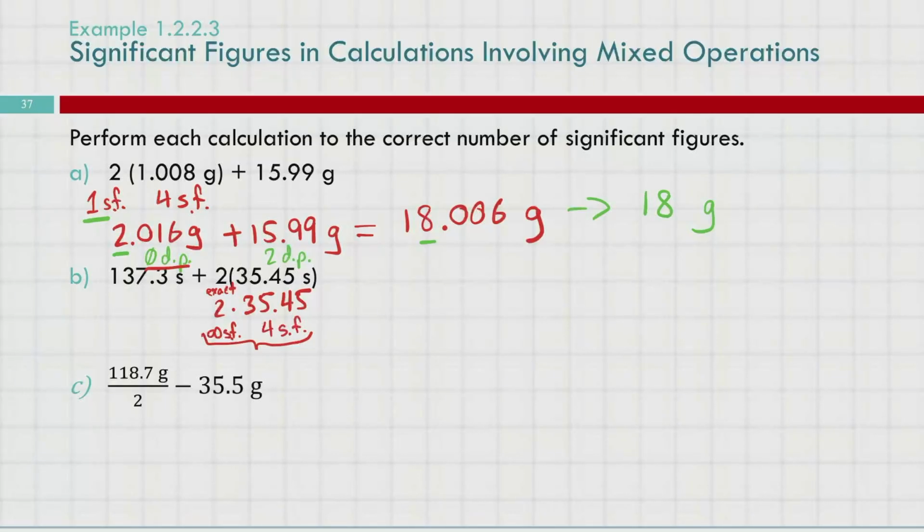What did we get? 70.9 is what I heard. How many significant figures does that have? 3. How many are we supposed to have? 4. How would we add a significant figure to that number? We'd add a 0 to the end. So that would make it 4 significant figures.